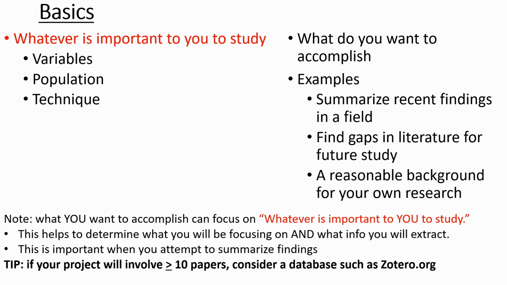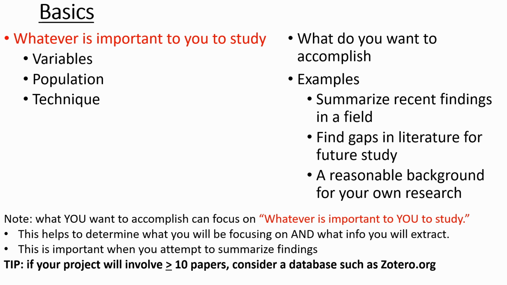So when I say knowing what's important is important, it is because that's what determines what you'll be focusing on, what kind of data you're extracting from the papers you read. And it is important as well when you attempt to summarize your findings.